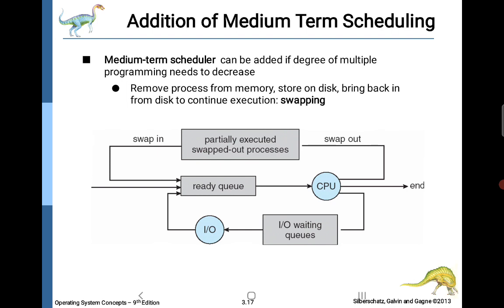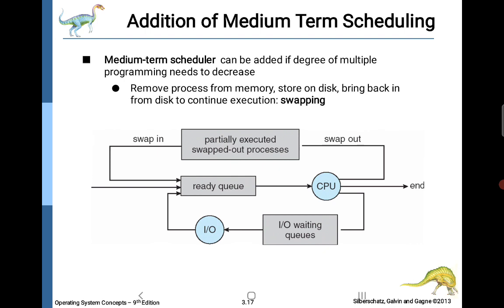Noticing this, the idea of a third scheduler, a medium-term scheduler, has come along, where this scheduler is responsible for swapping out the processes that have been idle for a while, bringing in processes that are ready to execute from a swap space on the hard disk, maximizing the utilization of both the memory and the CPU.